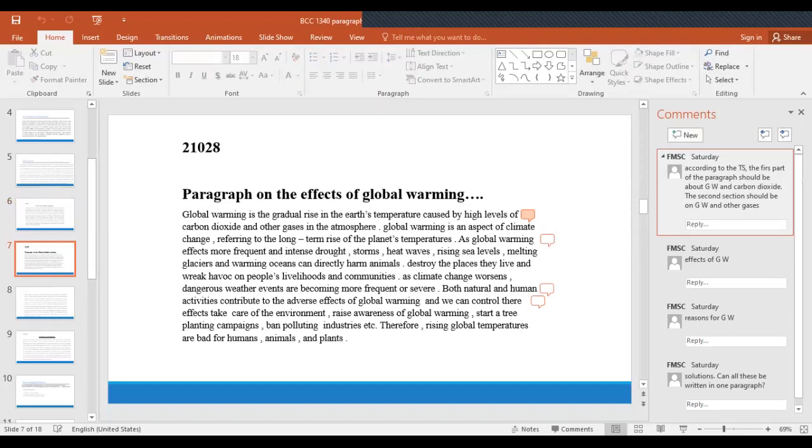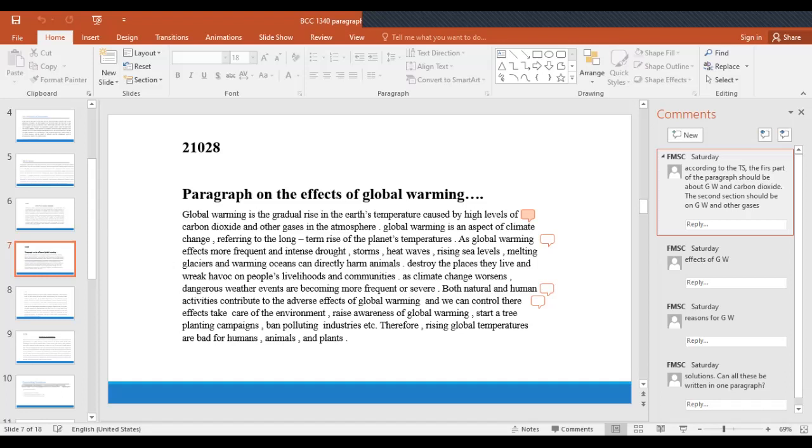You have given two main points: global warming and carbon dioxide is one main point, and global warming and other gases is your other main point. But when I go to read the other sentences of your paragraph, this particular logical division is not to be seen.